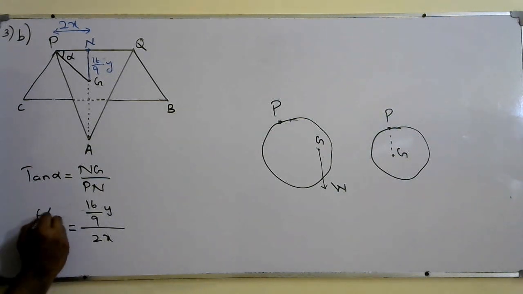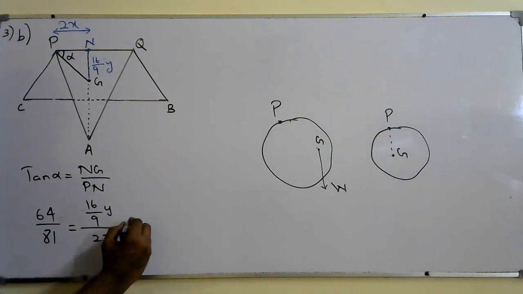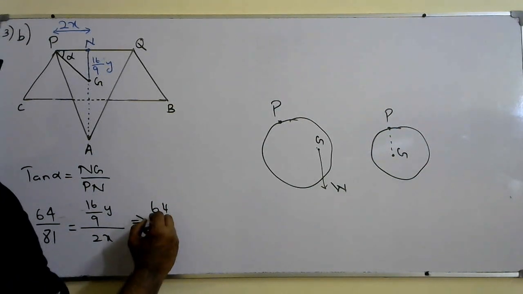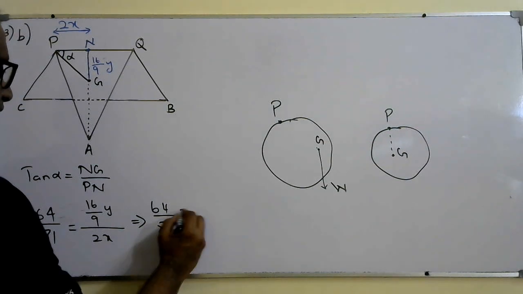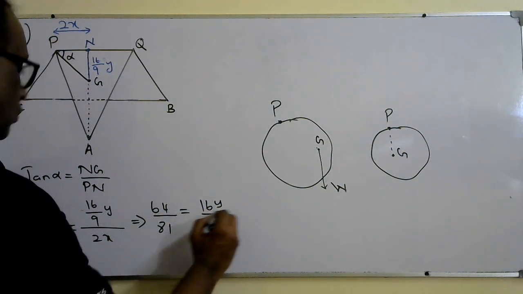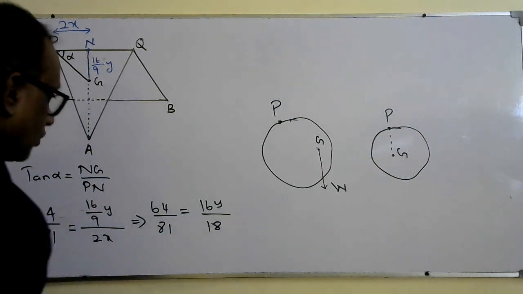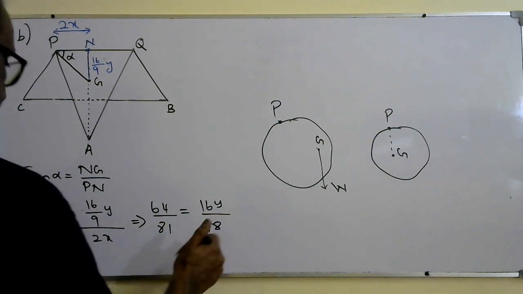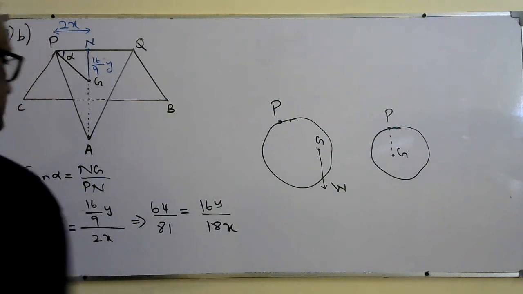So from this we can solve: 64 over 81 is equal to 16y over 9 goes down, 18x. Sorry, 18x, yes.